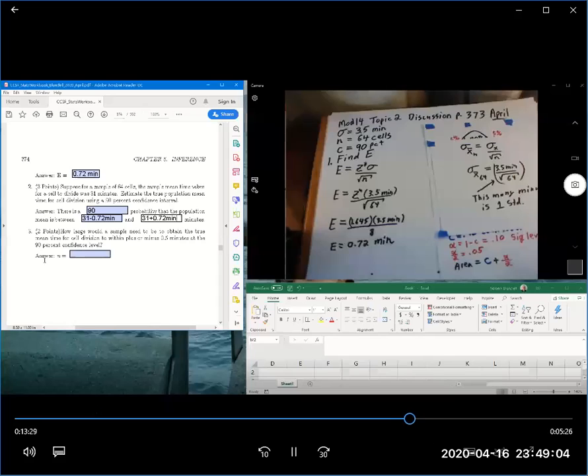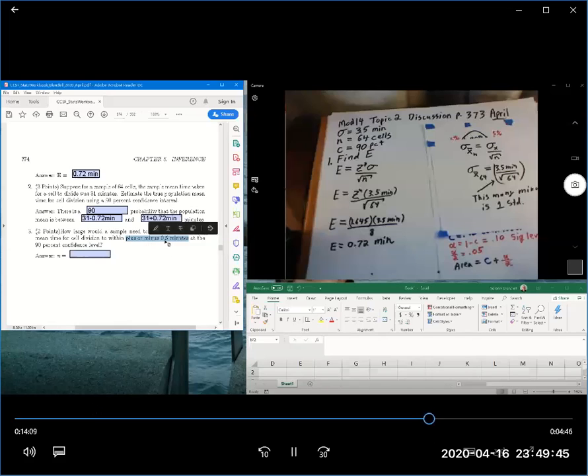And now, what if you wanted to know the population mean, mu, more accurately? Suppose that a margin of error of 0.72 minutes leaves too much error. Suppose you think, I wish I could be 90% confident that I knew the mean to within plus or minus half a minute.